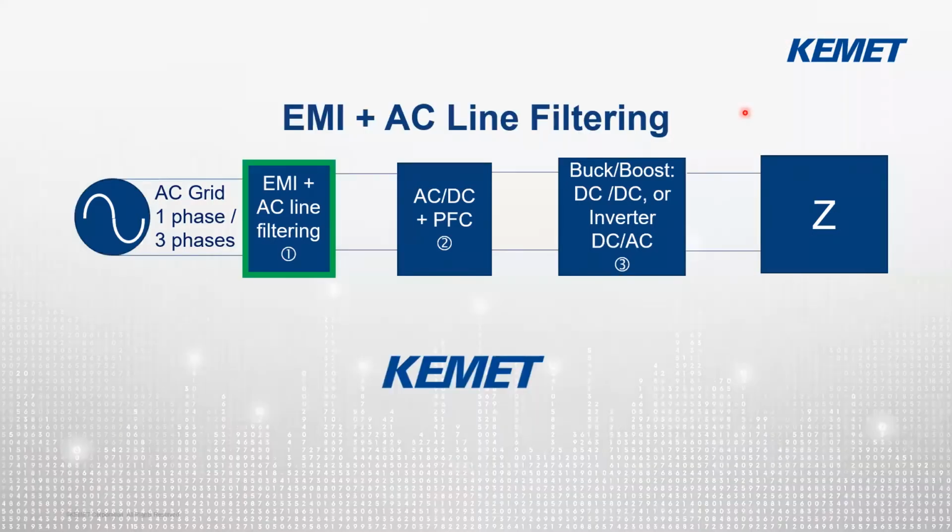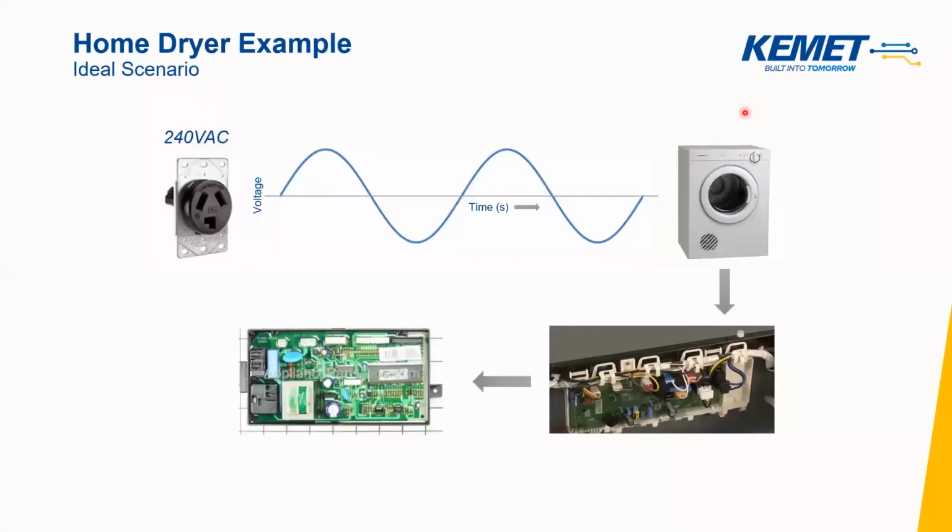So we start first with EMI plus AC line filtering. I've taken the example here of a home dryer or maybe of a washing machine, as you may call it. And when we plug our washing machine or a home dryer into your AC main socket, in an ideal environment, we expect a perfect looking sinusoidal waveform, like what you see here on your screens.